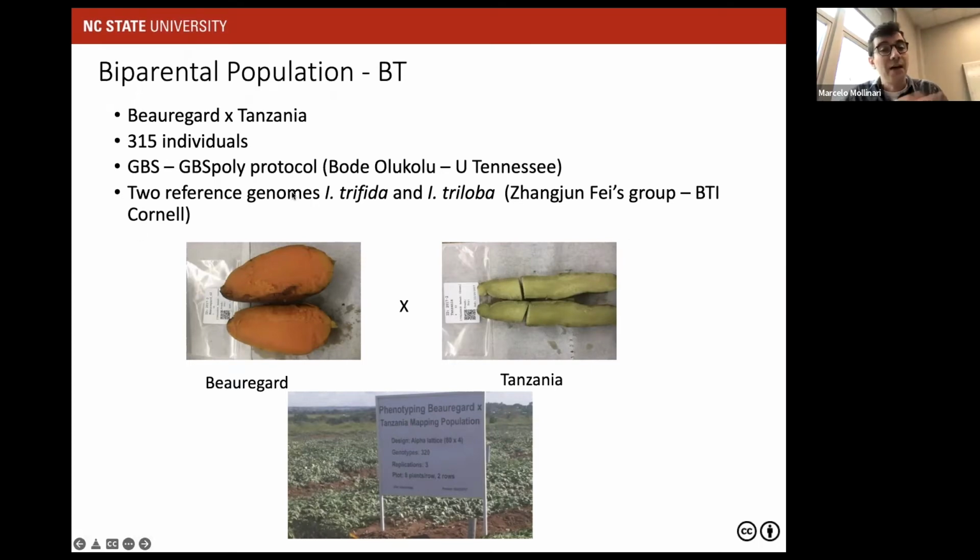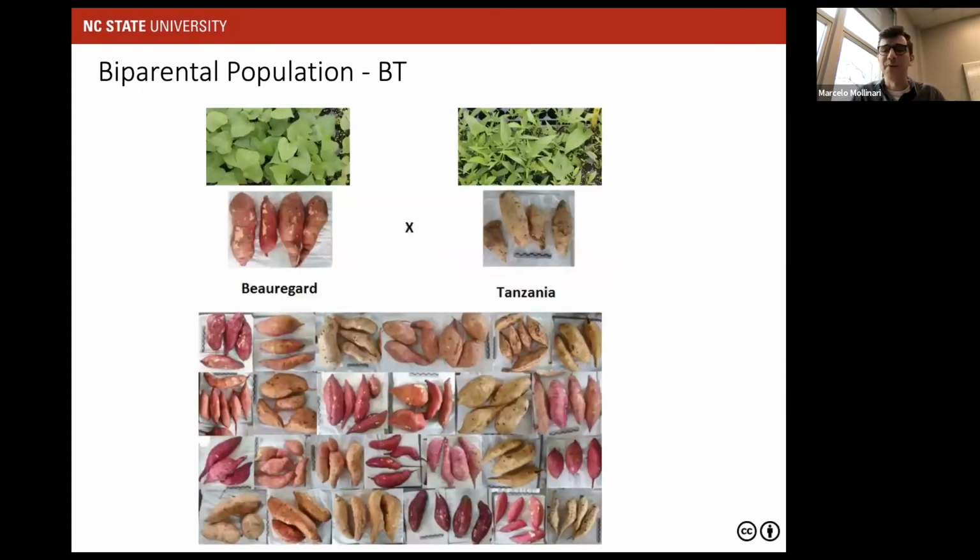And we have a biparental population. And this is just a beautiful picture. I said to Mark Soros this morning that I'm going to show this picture. This is a biparental cross. Can you imagine? They're all full sibs. They have the same parents, and they're so different. This is the beauty of the hexaploid, you know.